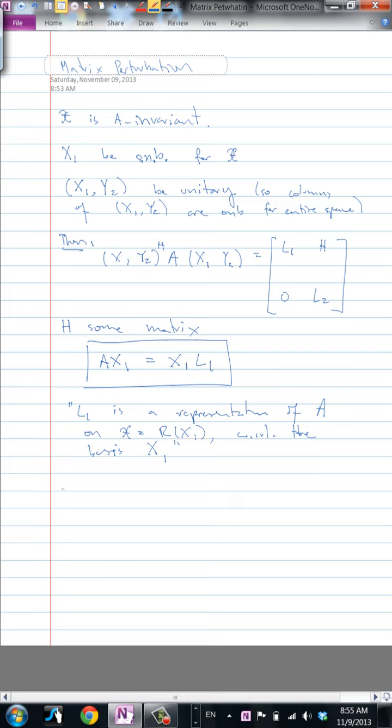I should mention that all of this is review from last time. The second definition is that of a simple invariant subspace.